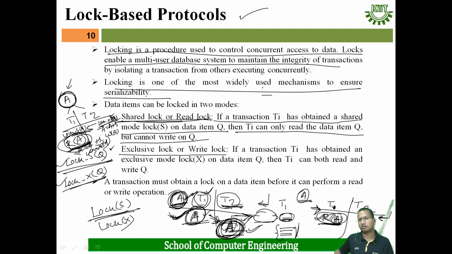And if the concurrency control manager sees that no lock is applied on A, then it can grant that lock. After the manager grants that lock, the T2 transaction can execute the write operation on A. Okay, in this way generally the shared lock and exclusive lock work.